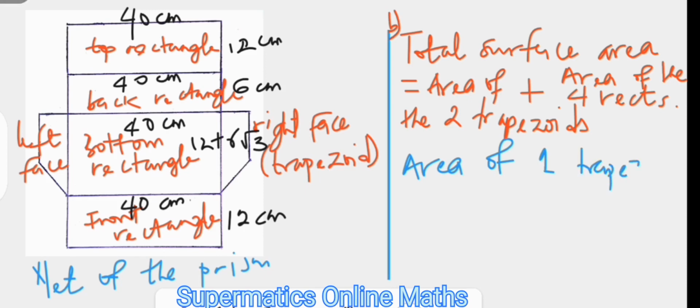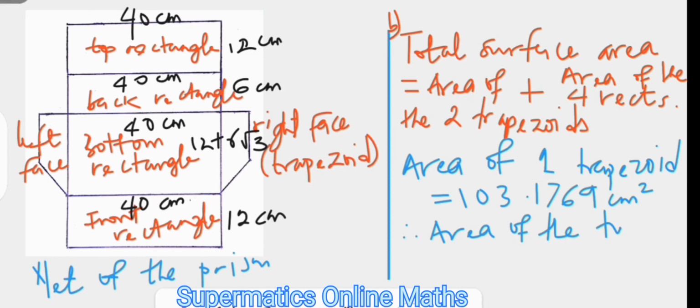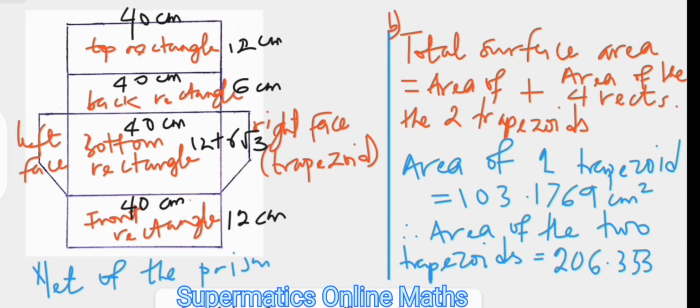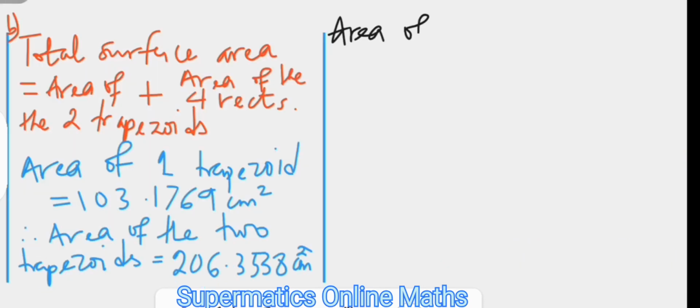So the area of one trapezoid was 103.1769 centimeters squared. So the area of the two trapezoids is just going to be 2 times the area of one, and that is 206.3538 centimeters squared.